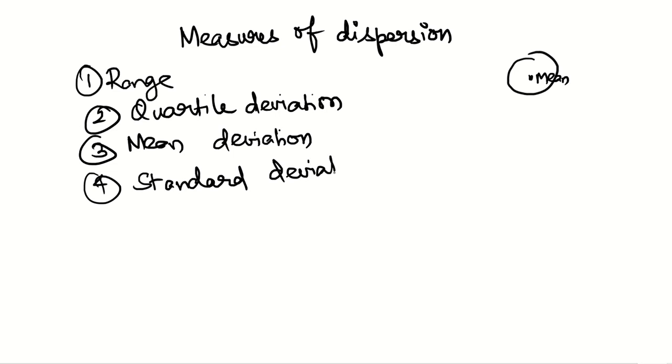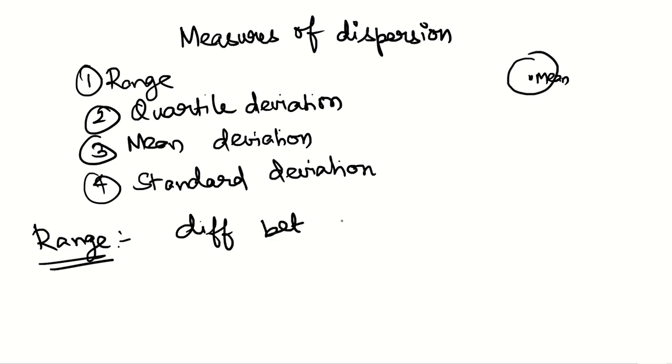Now let us learn about the range. A range provides us the difference between the largest value in a data and the smallest value.